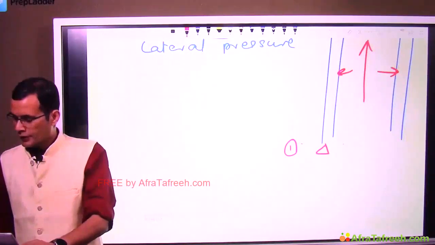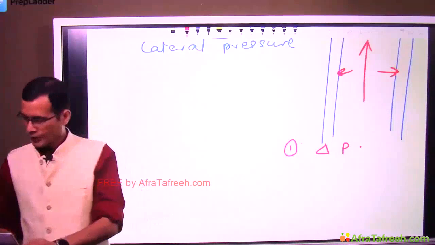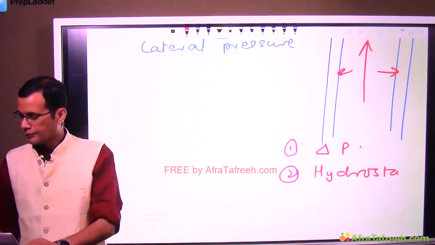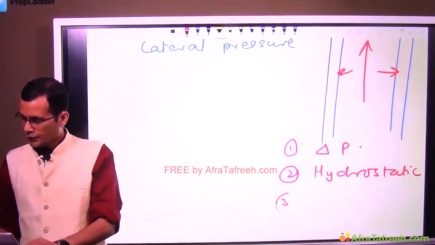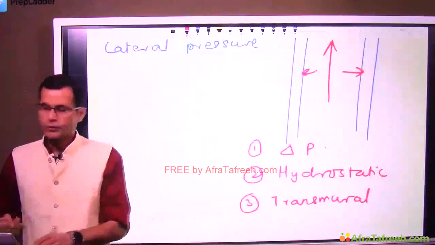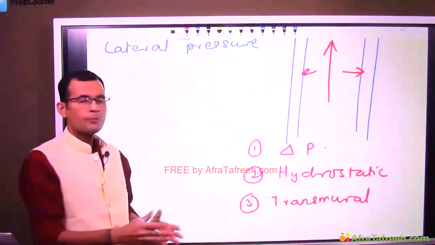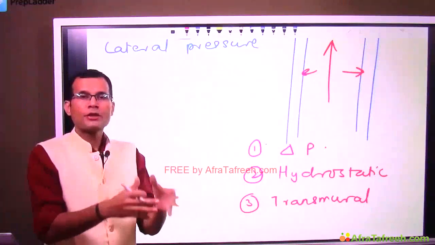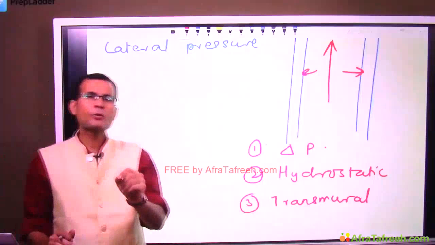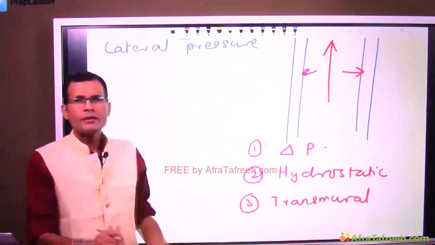One is delta P. The other one is hydrostatic factor. And the third one is transmural pressure, pressure across the vessel wall. So these 3 dimensions make up or constitute the concept of blood pressure. Let me explain quickly. What is delta P?